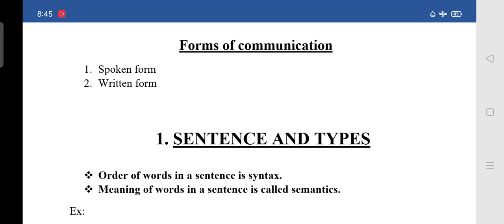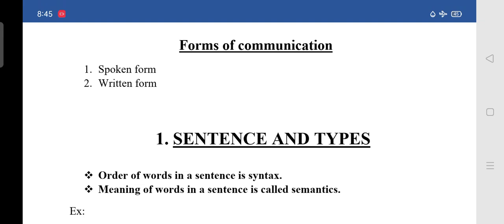So these are the forms of communication. So I told you how many letters there are: 26 letters and 44 sounds. Out of 44 sounds, vowel sounds are 20 and consonant sounds are 24.